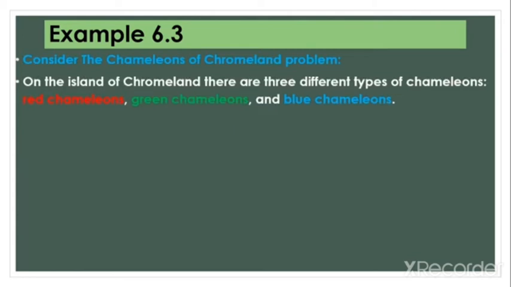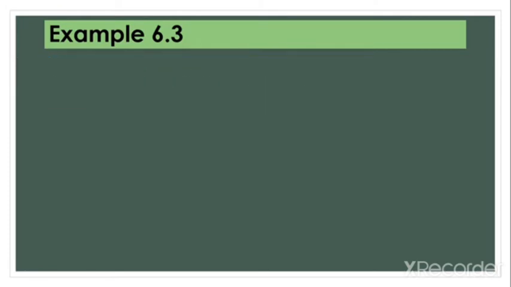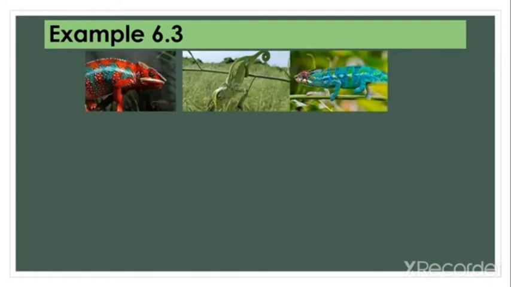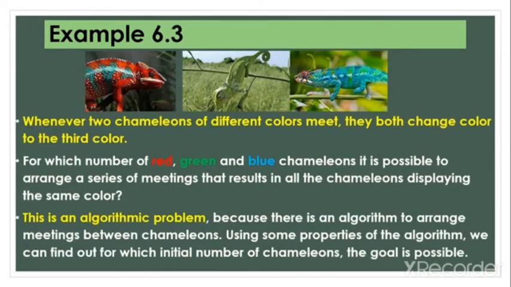The next example is the chameleons example. So consider there are 3 types of chameleons in Chrome land, that is red chameleons, green chameleons and blue chameleons. So the problem is when chameleons of 2 different colors meet each other, for example red and green, when they meet, the third color, blue, all chameleons will be changed into the blue color.